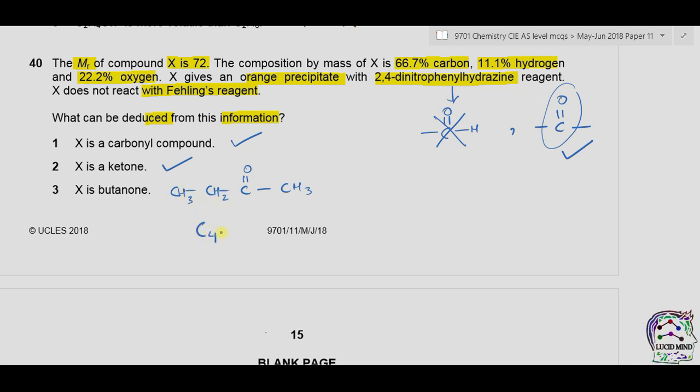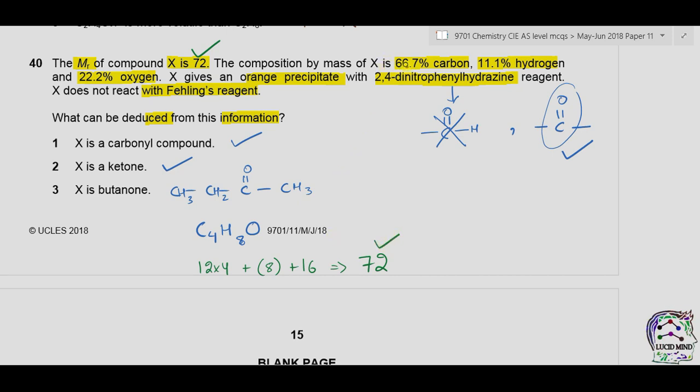There are 4 carbon atoms, 8 hydrogens, 1 oxygen. The molecular mass will be 12 times 4 for carbon, 1 times 8 for hydrogens, and 16 for oxygen. So it comes equal to 72. As the Mr was given as 72, this could be butanone.